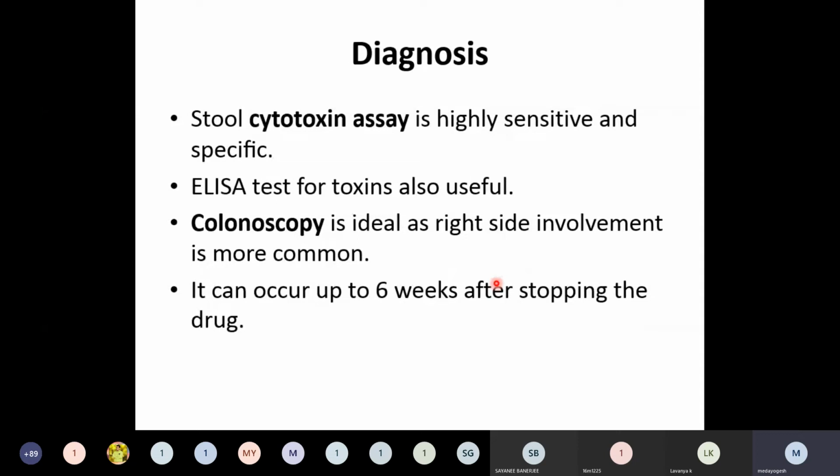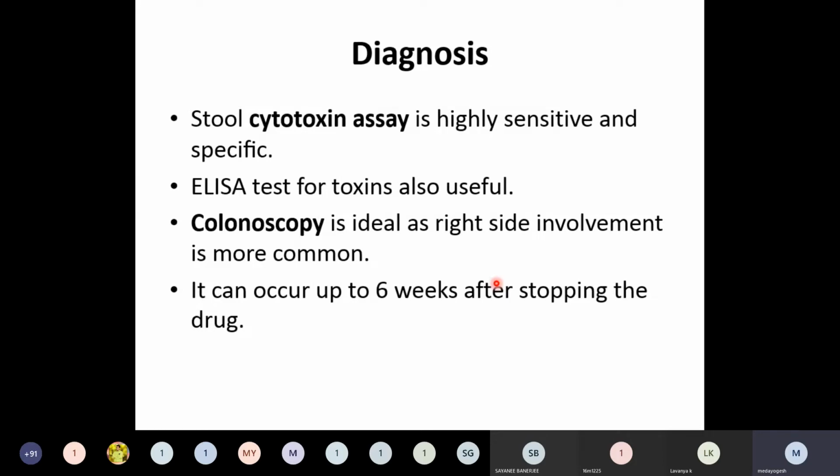So coming to diagnosis, the patient usually has a history of diarrhea, multiple episodes associated with sometimes pain, usually following antibiotic therapy, especially clindamycin, for a long time.